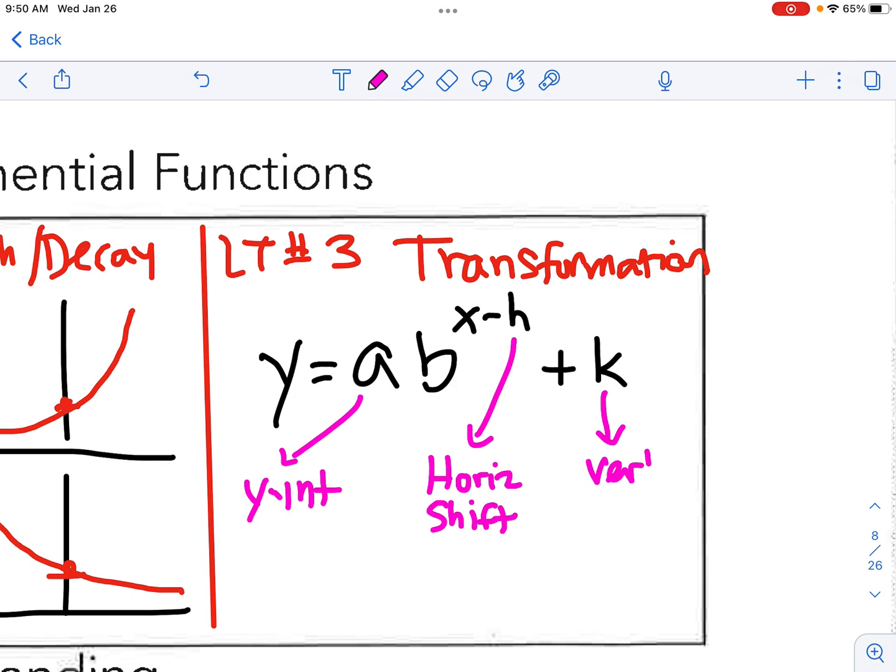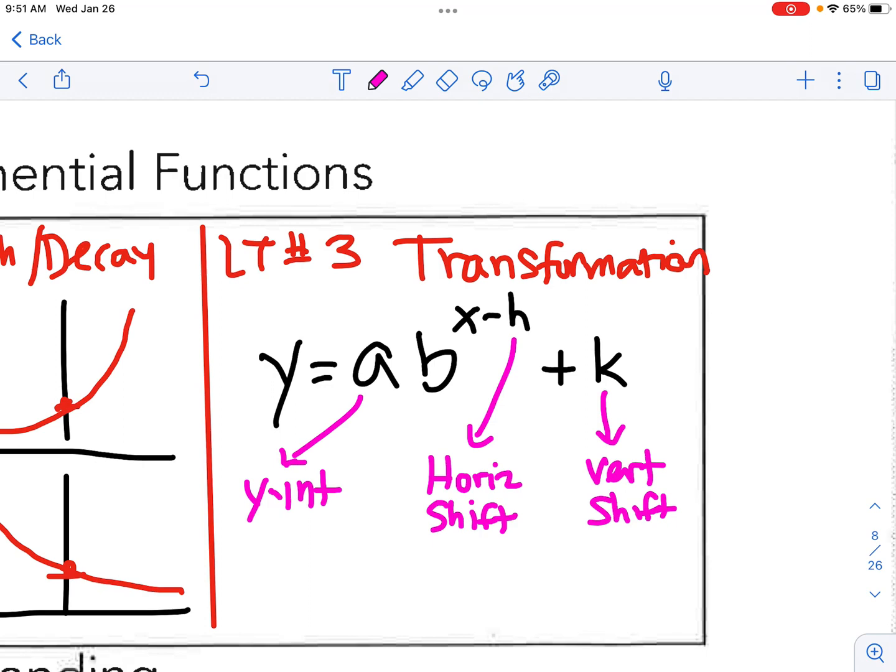This is our vertical shift. And then b is our base. That's going to be determining if we have a growth or a decay.